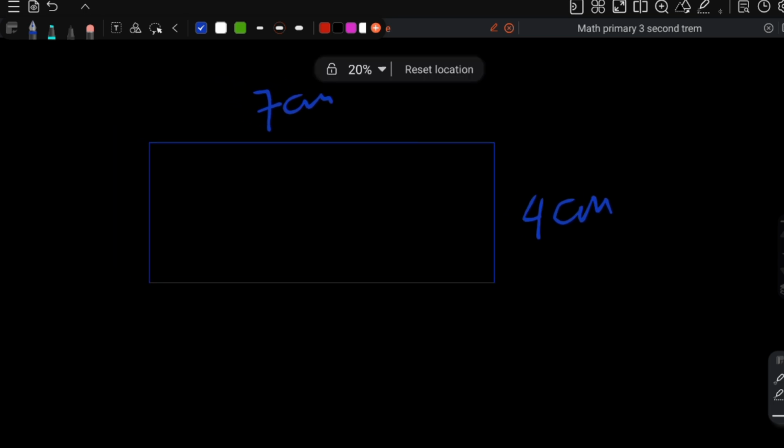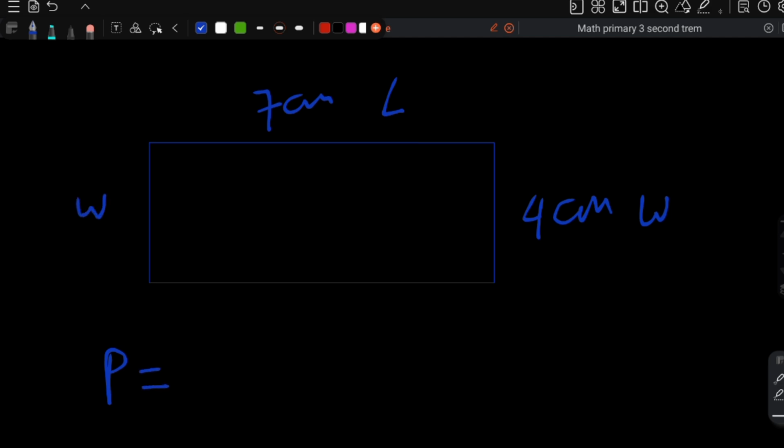The rule is: I know that this one is the length and the small side is the width. So if I ask you to find the perimeter, this one is also width and this one length. You will tell me length plus width plus length plus width.